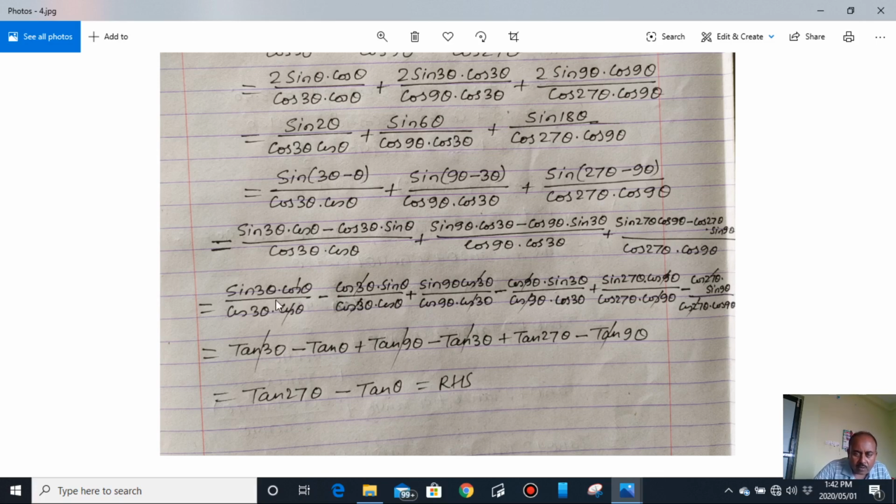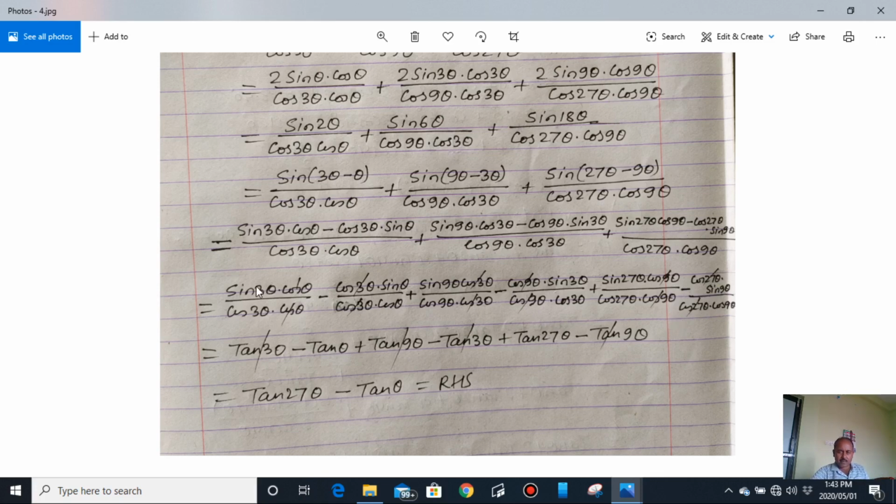Now you have 1, 2, 3, 4, 5, 6 parts. In every part one section will get cancelled. Here cos theta got cancelled. Here cos 3 theta got cancelled. Here cos 3 theta got cancelled. Here cos 9 theta got cancelled. Here also cos 9 theta got cancelled. Here cos 27 theta got cancelled.